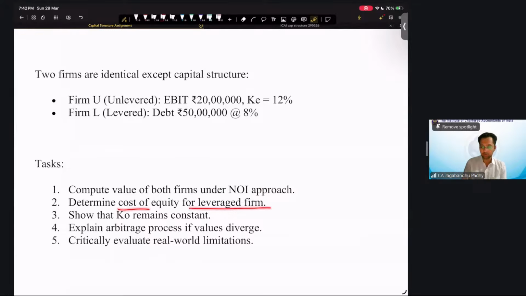Determine the cost of equity for the levered firm. Show that KO remains constant. That's a separate thing. So essentially what you have to compute is the value of both firms and also KO. And if the values are diverging, then arbitrage, how is it going to happen? And evaluate the real world implication. So first you get the value of both firms, cost of equity and KO. Try to calculate these things, guys, quickly.